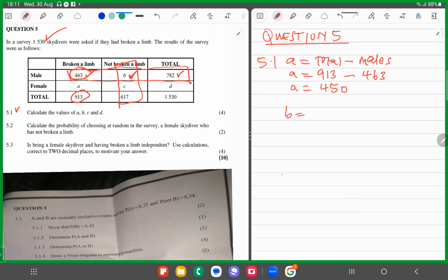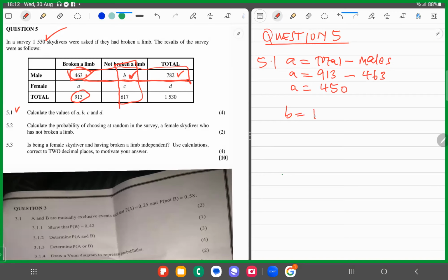So note, therefore, that we can use either the first row or the second column. I'm going to use the first row because it has only one unknown, B. 463 we know, B we don't know, 782 we know.